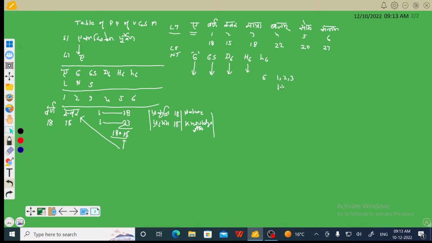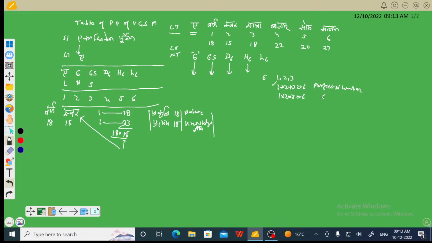Sum of these 3 proper divisors is 6, and product of these 3 proper divisors as well is 6. And it is this feature which is a feature of a perfect number, when the sum of the proper divisors equals the number itself, and it becomes a perfect number.